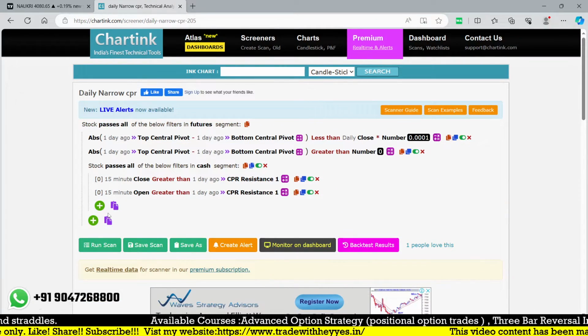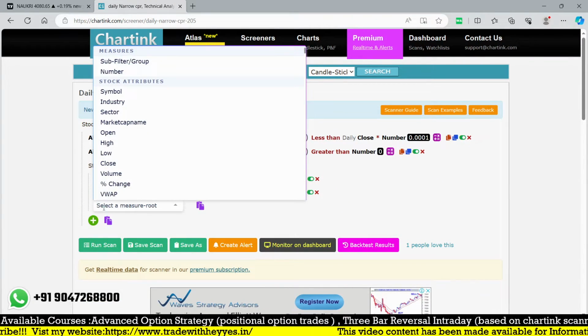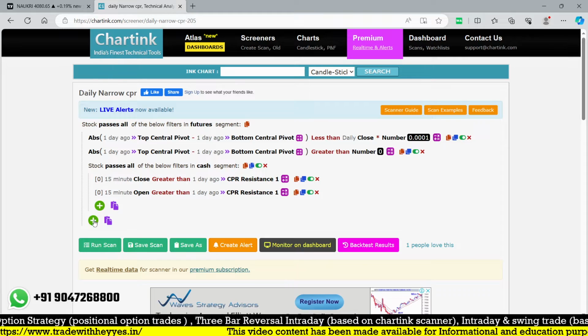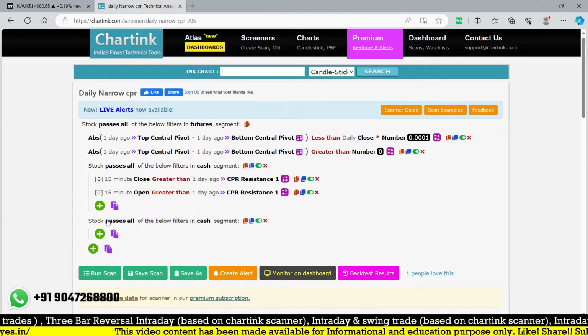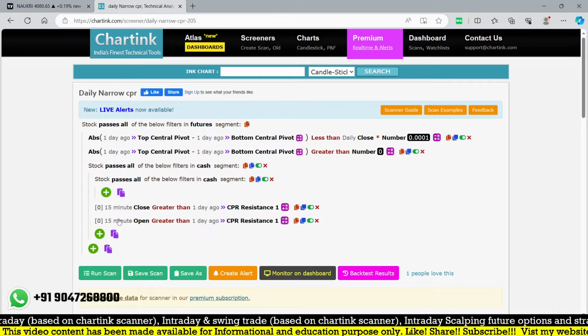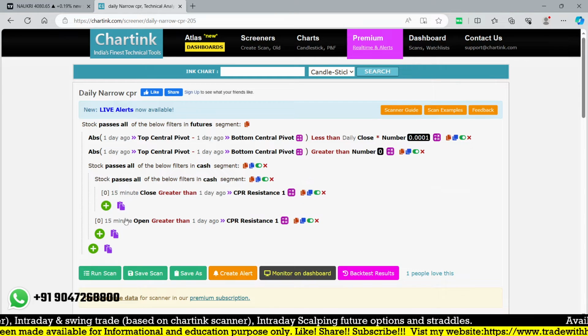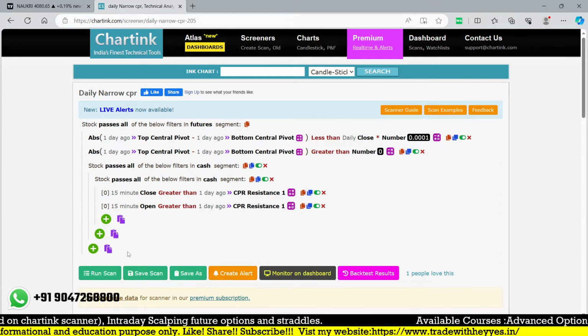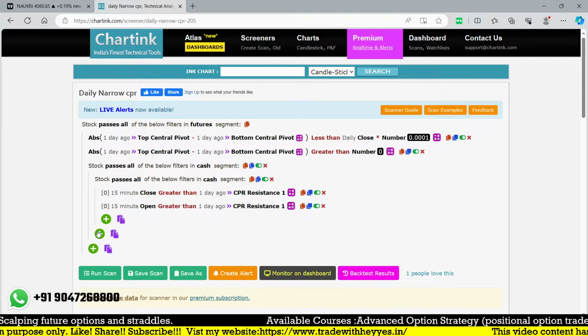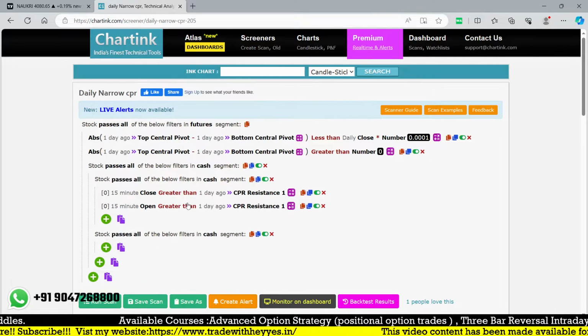So one more subgroup filter which I can add better here, subgroup filters is for a breakout as well as breakdown.